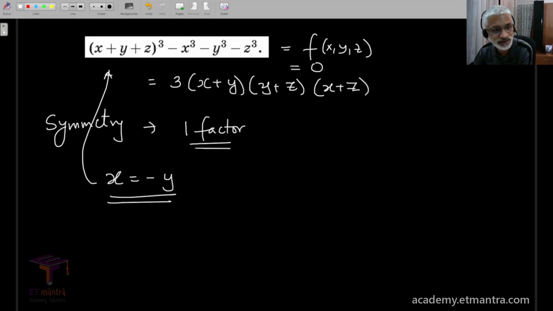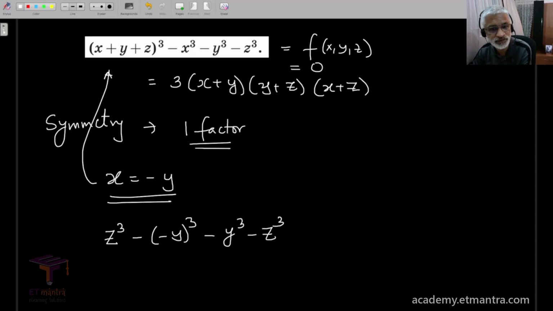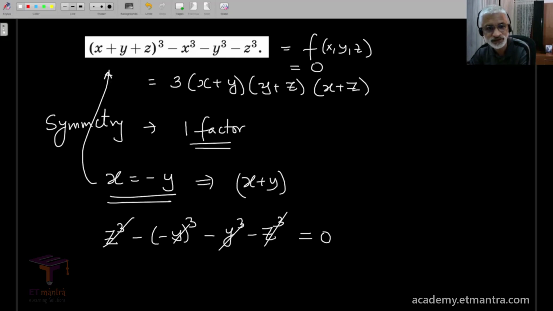You'll immediately get z cube minus y cube minus y cube minus z cube, and you see that things get neatly cancelled off and we get 0. And this implies that x plus y is a factor of f of x, y, z. And by symmetry, you can easily guess two more factors.